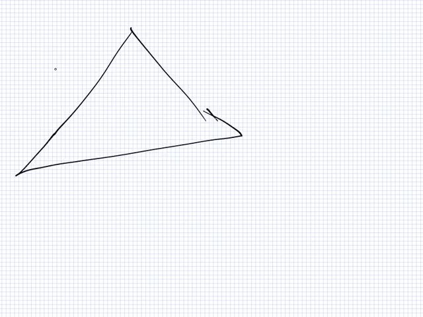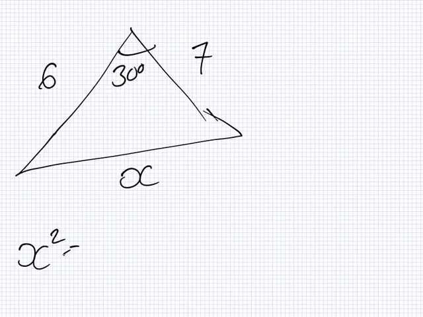Right, let's have a look at an example here. So we'll say this side is 6, this one's 7, and this one here is 30 degrees, and I want this missing side. So the cosine rule is a lot like Pythagoras, because the start is the same. You would say x squared equals 6 squared plus 7 squared.